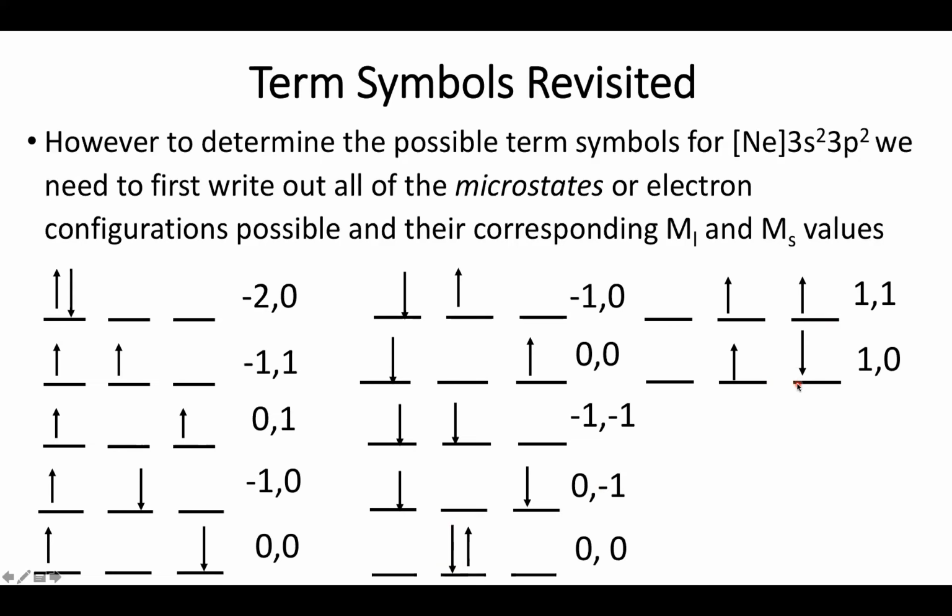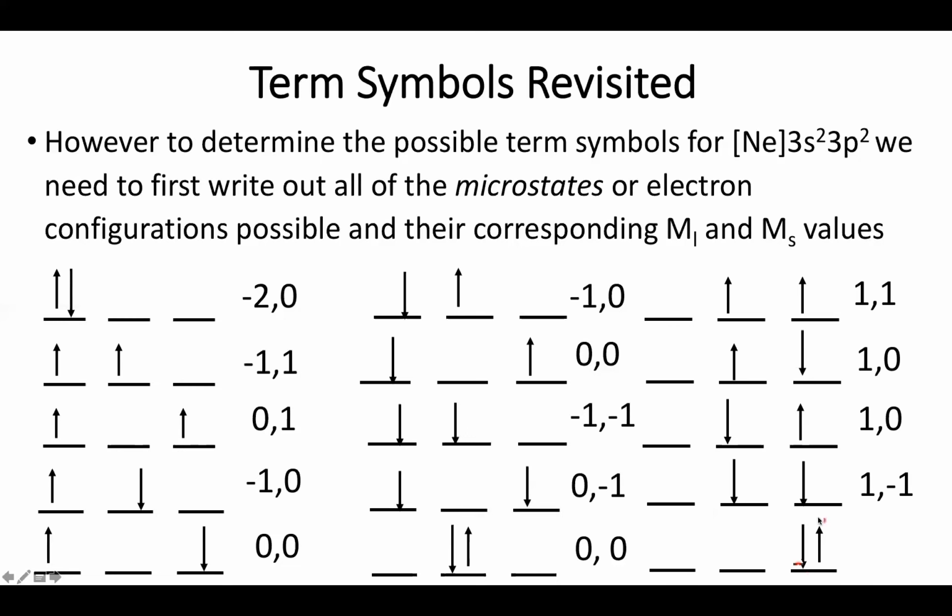Then I can take these configurations and flip my first electron, which means that I'll have an m sub s of 0 and an m sub s of -1. Now, as you can imagine, we've got one last final state, and it should be hopefully obvious. I can have both my electrons paired up in my third p orbital.